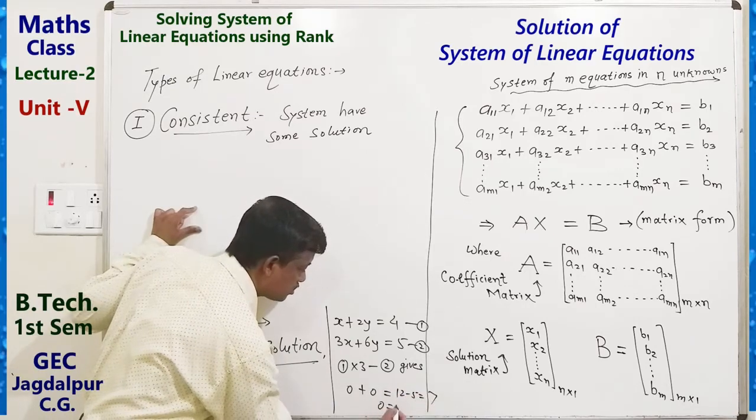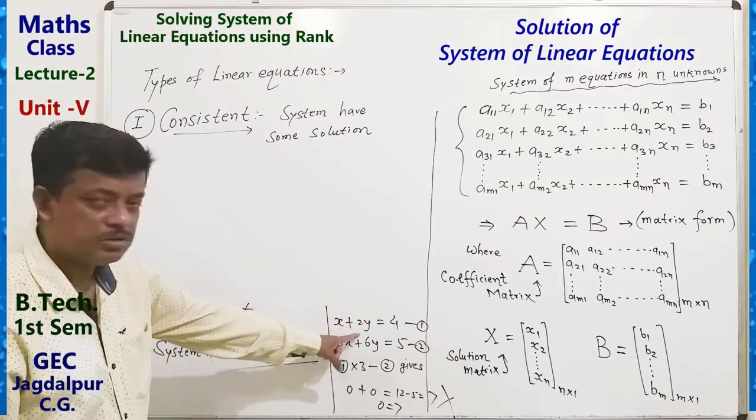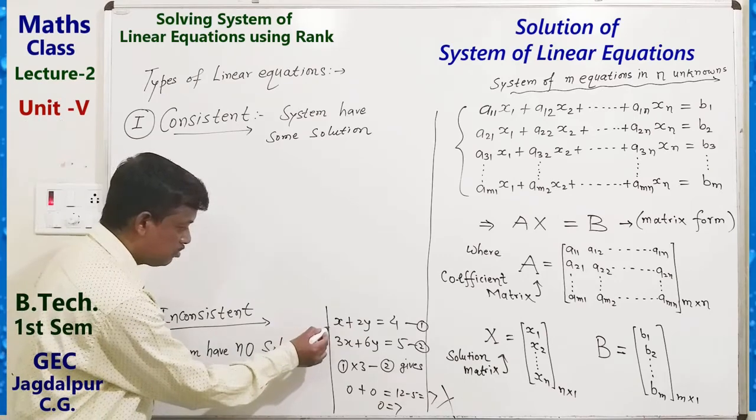That is 0 equals to 7. Not possible. So this system has no solution.